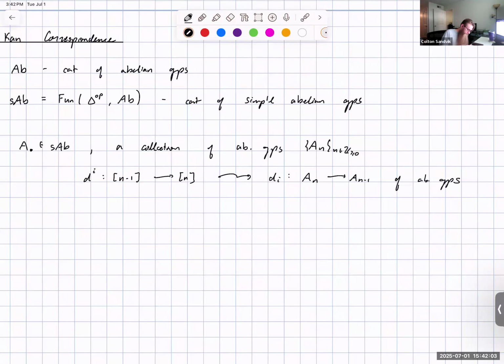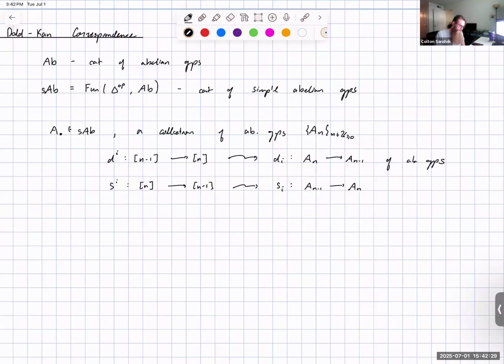And likewise, for the face maps we have something similar, although I don't have too much use for these right now. So we'll have some maps going from A_{n-1} to A_n. You take these for what they are.